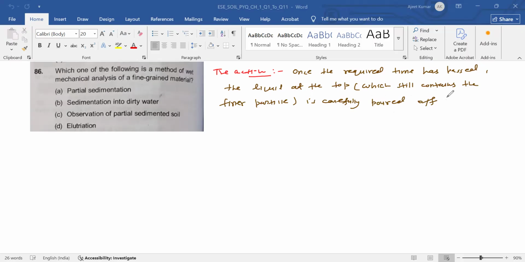Okay, this is what is called decanted. The top water is decanted.